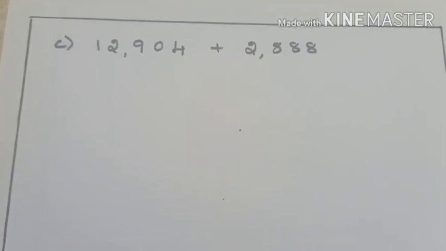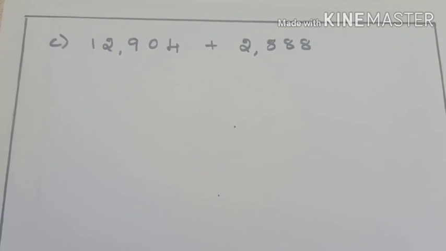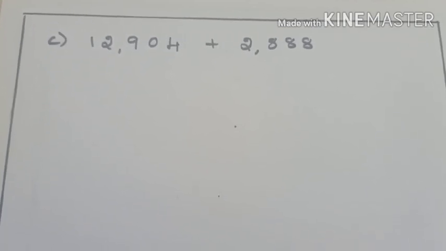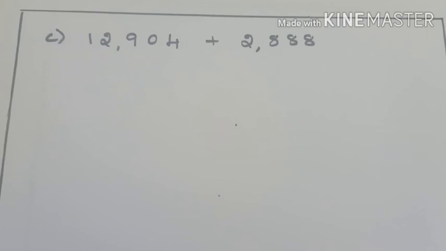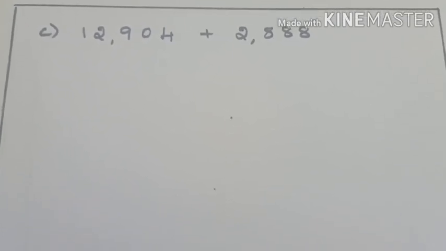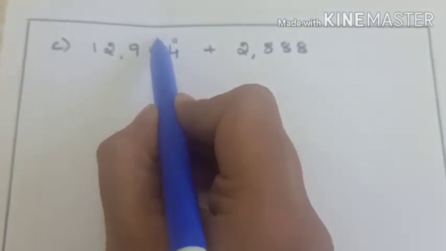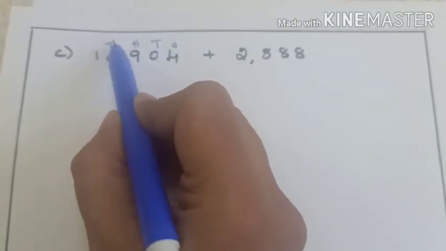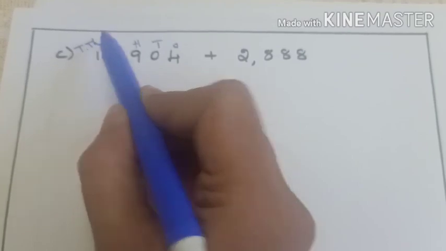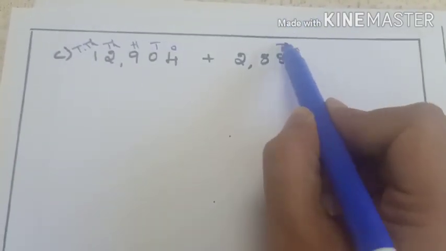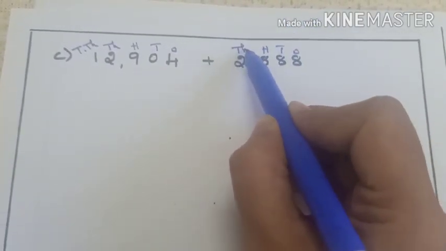Look at question C. It is a little different. Here the larger number is given. It is not a 3-digit number, but a 5-digit and a 4-digit number. So it is ones, tens, hundreds, thousands and 10,000s. Here it is ones, tens, hundreds, thousands.